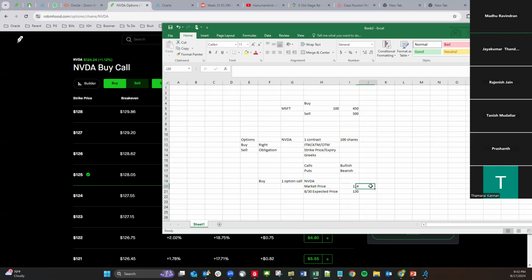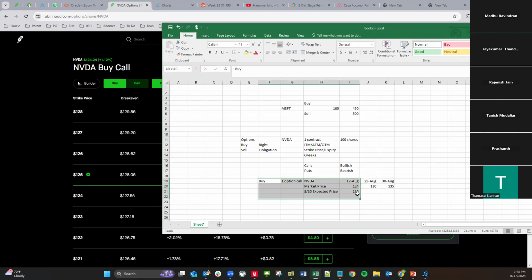Let's say the stock price as of now, 8/17, is when I'm doing all this. By, let's say, 25th August, the market price for NVIDIA has already gone to 130, and by 30th August, on expiry, let's say it has reached 135.